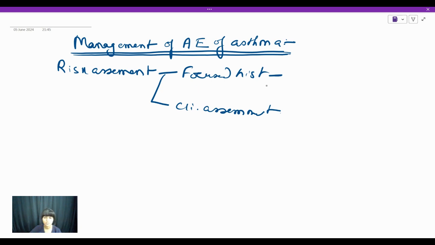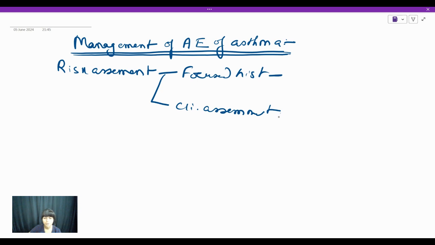In history, you need to know the frequency of daytime and nighttime symptoms, and the potential triggers of the child. You need to know what medicines the child is currently on. These are the things you need to know from the parents.